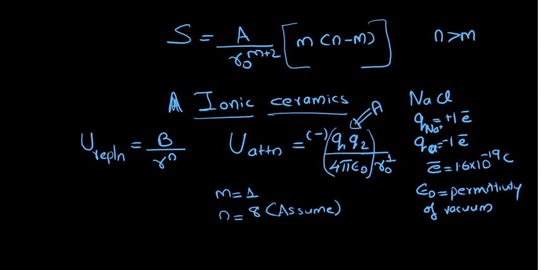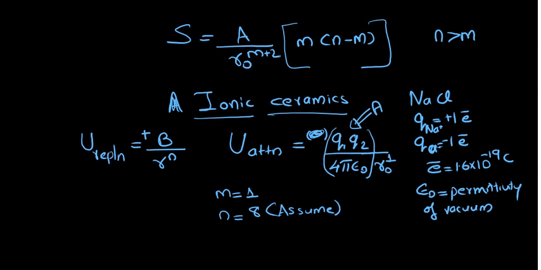This becomes highly dominant at very small distances because n is much higher when compared to that of the m, and this is a positive energy, because it's a repulsion energy, and this comes out to be negative. So I need not put negative here, because q1 into q2 is actually negative. Plus 1e into minus 1e should be minus of value, so the minus will be coming out automatically.